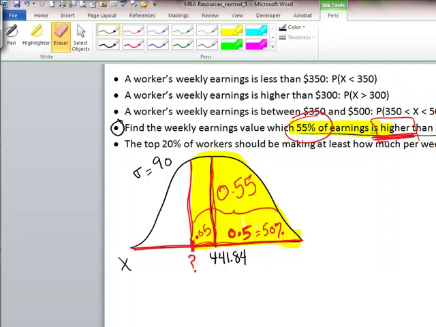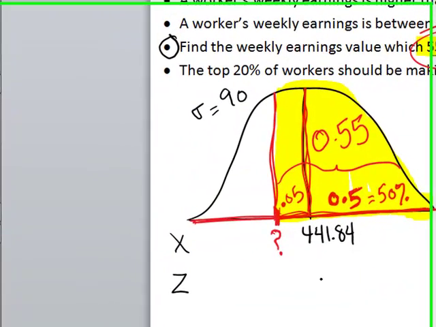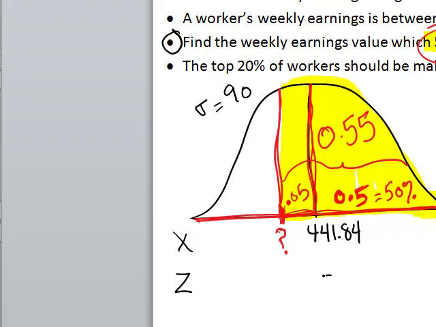Just with that, I can now go to the z-axis and mark it. 0 will be written for the mean, and for the value I'm looking for, I should have a negative z-value because it occurs to the left of the mean.